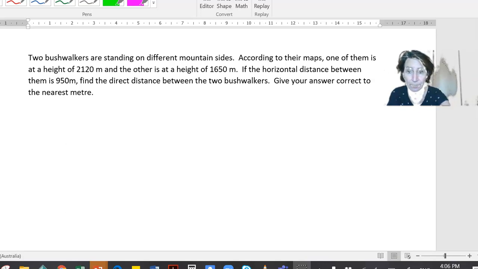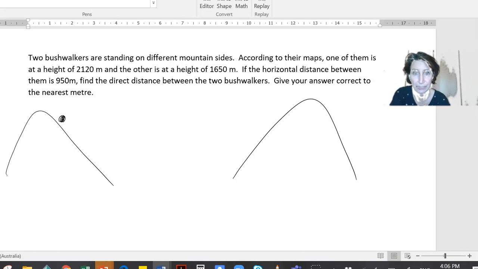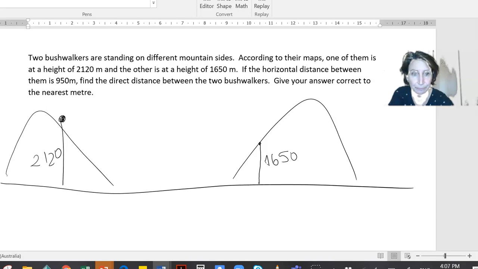Okay, so here I'm going to draw my 2 mountain sides. And it says that the first bushwalker is here at 2120 meters. So this distance here, oh, beautiful straight lines I've got here. That distance there is 2120, whereas the other one is at a height of 1650.